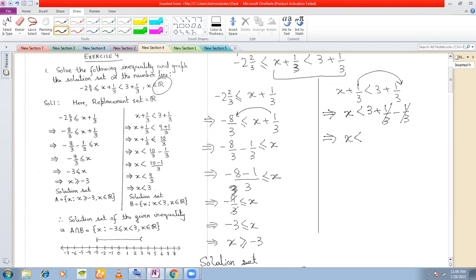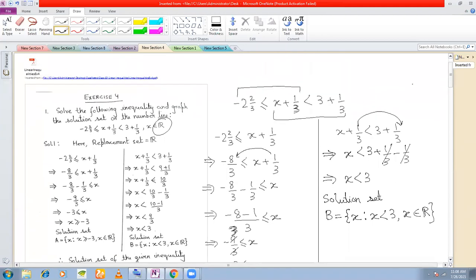You simply get x less than 3. So your solution set will be, let us call the solution set B of this inequality, x such that x less than 3, x belongs to R. Okay, now we shall write the collective solution of this entire inequality.